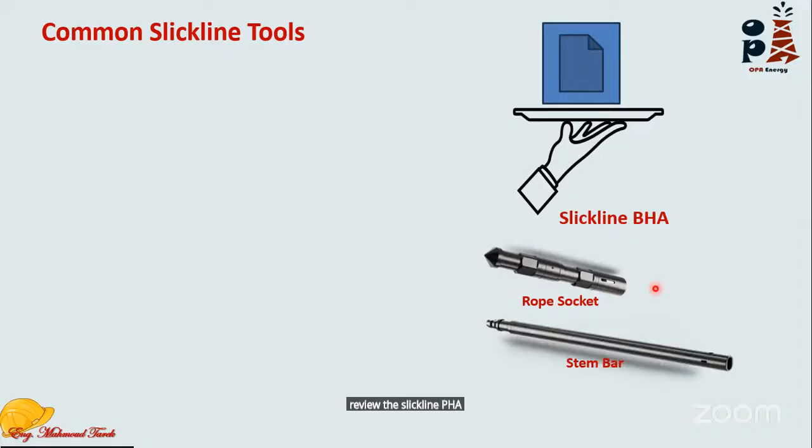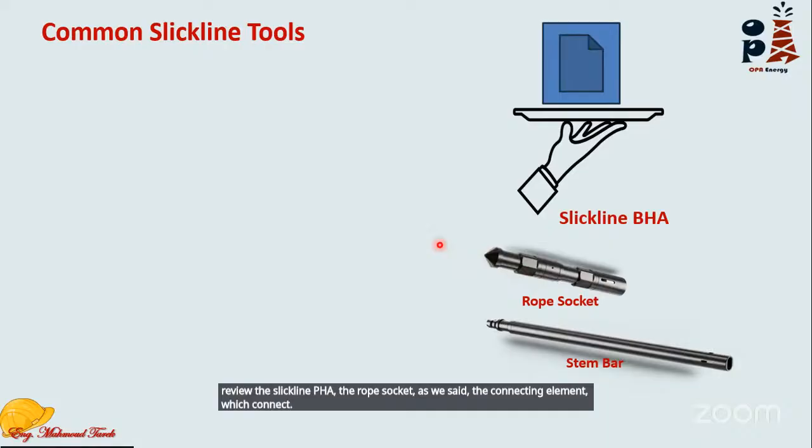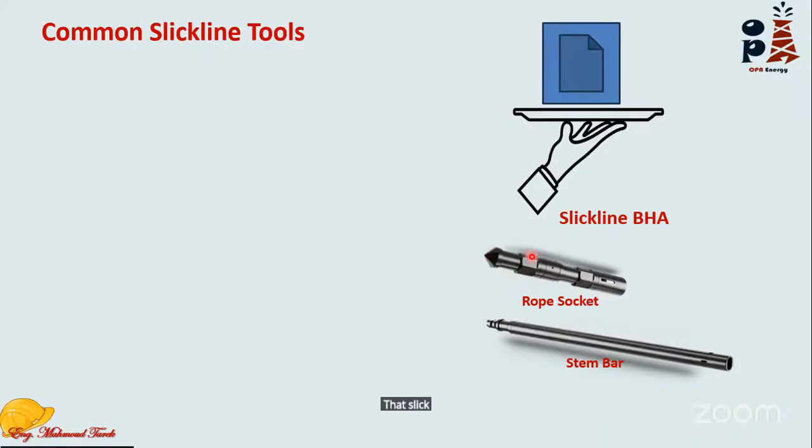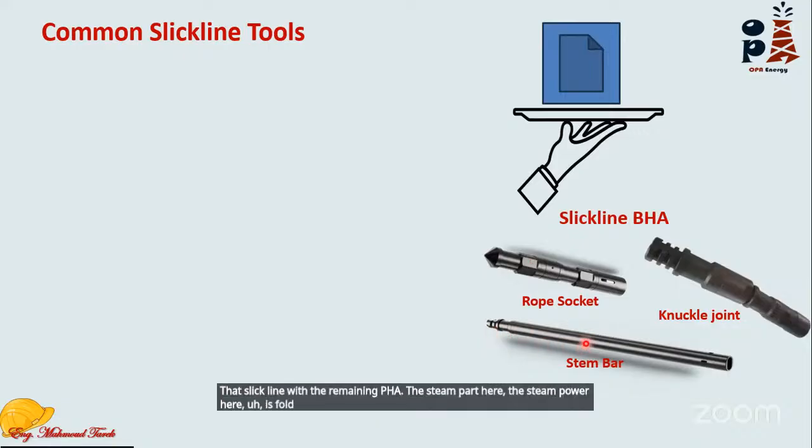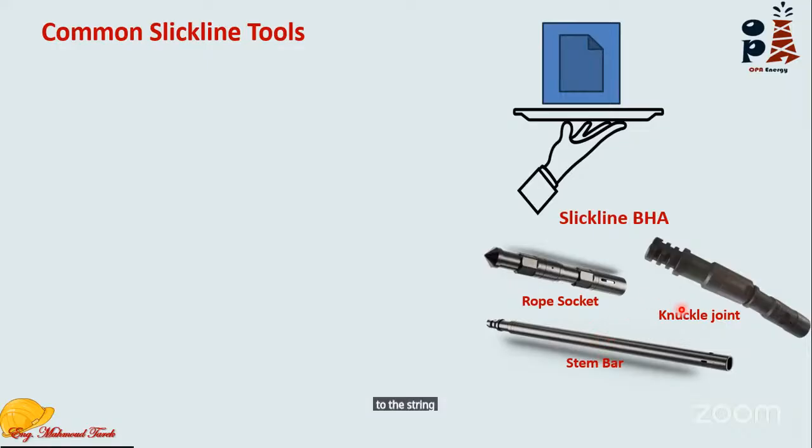The rope socket, as we said, is the connecting element which connects the Slickline with the remaining PHA. The stem bar is for adding weight to the string, and the knuckle joint gives flexibility, as we see here.